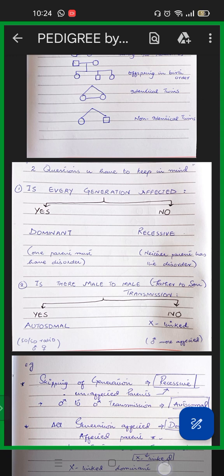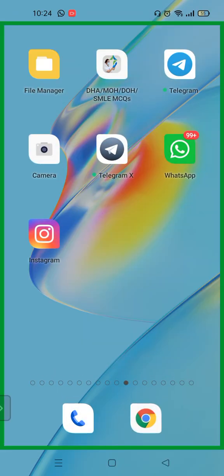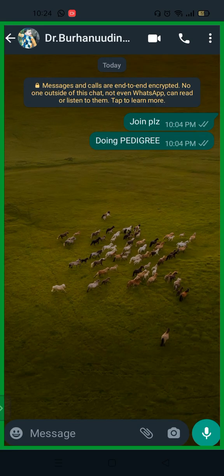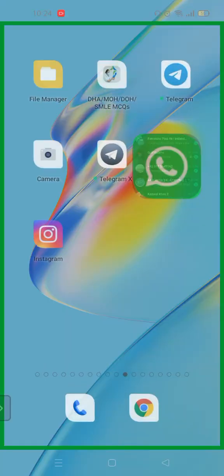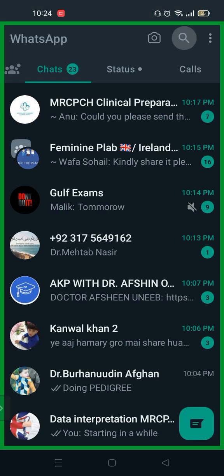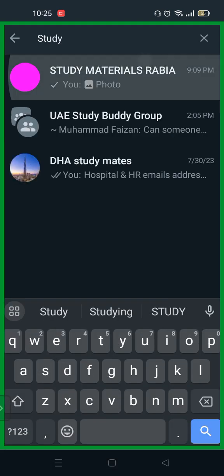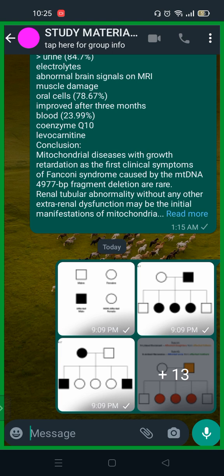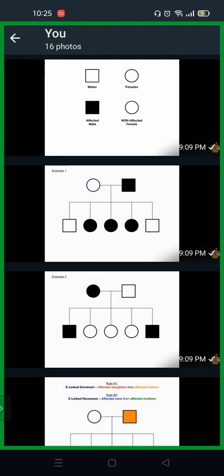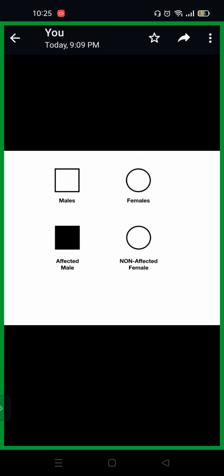I am going to show you some more pictures to make it clear. Look, square for male, circle for female.